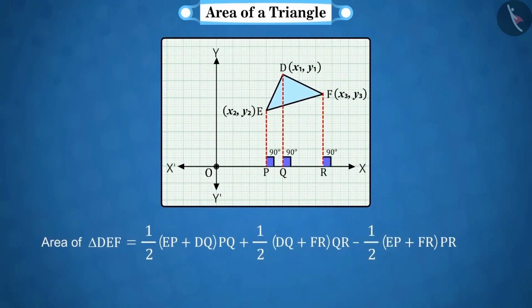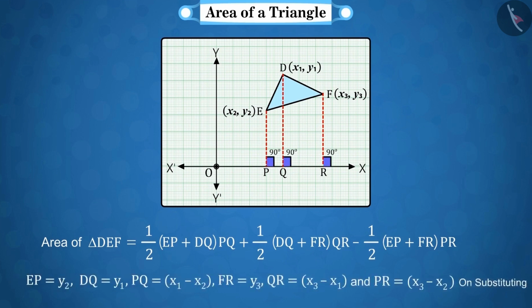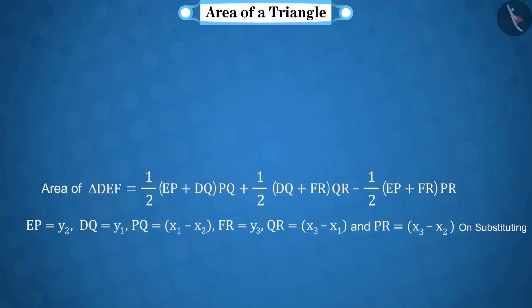Can you determine the length of the sides EP, DQ, PQ, FR, QR, and PR with the help of the figure? Absolutely right. Now substitute all these values in the equation.